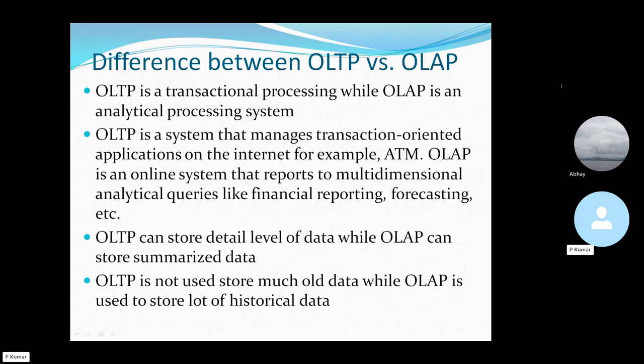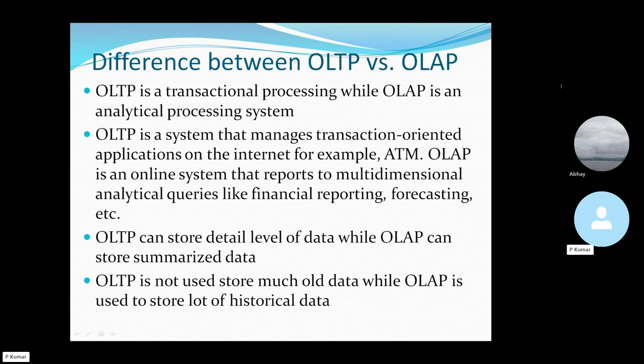OLAP is an online system with multi-dimensional reporting for analytical purposes, such as financial reporting or forecasting, which you can do in the OLAP system, that is BW/4HANA. OLTP can store detailed-level data, as S/4HANA or ECC systems do, while an OLAP system stores summary data, not detailed data.